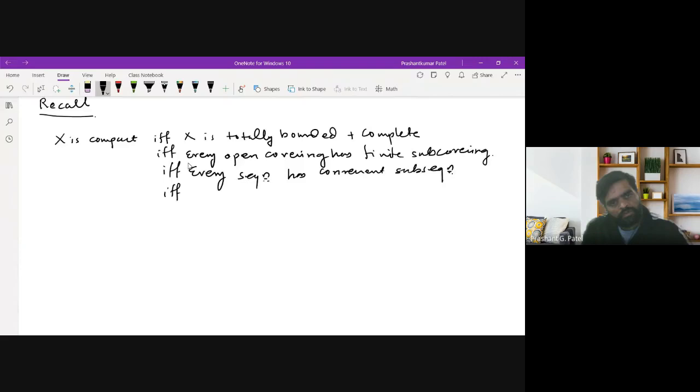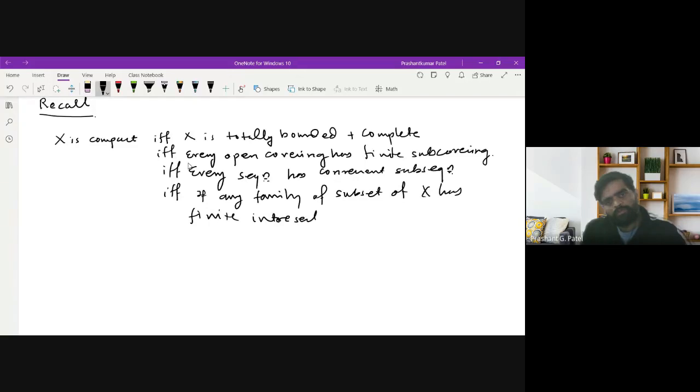The next statement we have discussed is any family of subsets of X that has the finite intersection property has non-empty intersection.